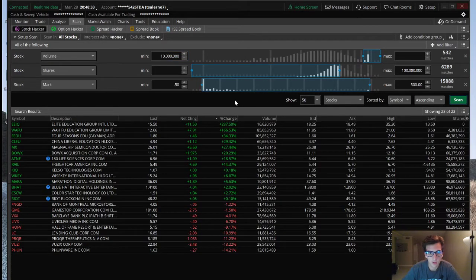The reason I look for stocks with this high volume is that if you have a lot of volume with a small amount of shares available, it's easier for the stock to rip up super high and also come down super far and fast. Those are the types of moves that are going to grow an account quickly, and there's a lot of opportunity in those markets to scalp, and I'm a big scalper.